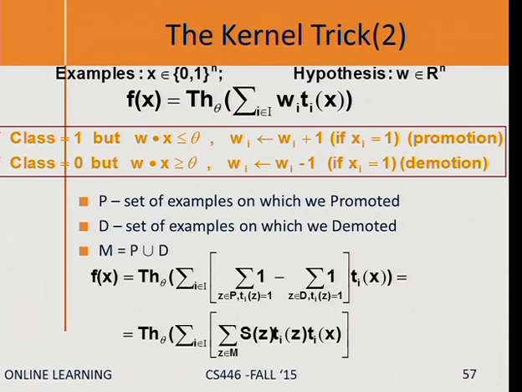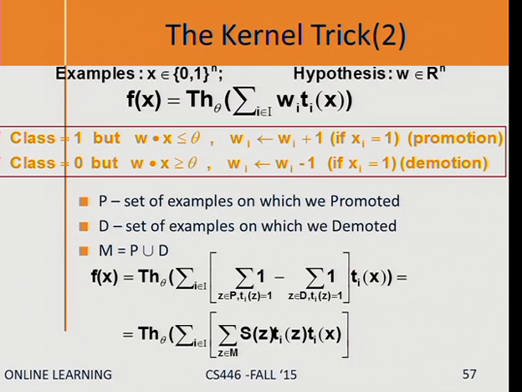And what I can do is write this function this way. It's a sum over all my monomial space, my feature space, of: I'm adding 1 when z, the example, is in P and t_i(z) is 1, and I'm subtracting 1 when it's in D and t_i(z) is 1. And I'm multiplying this by t_i(x).